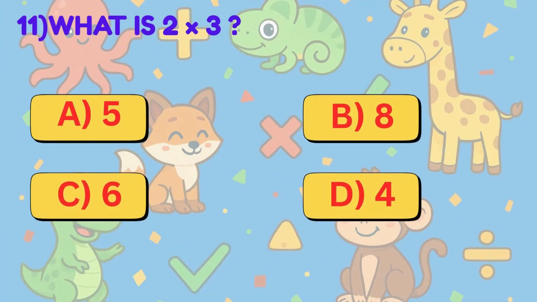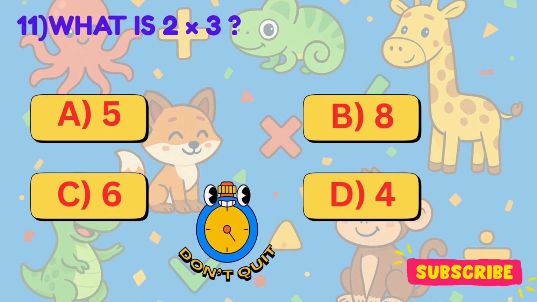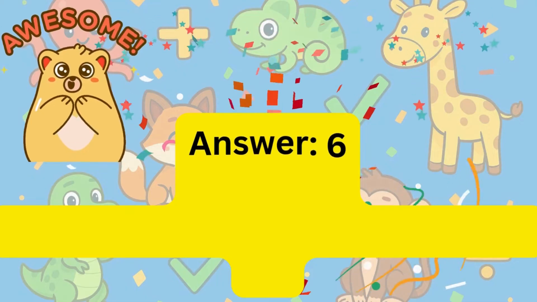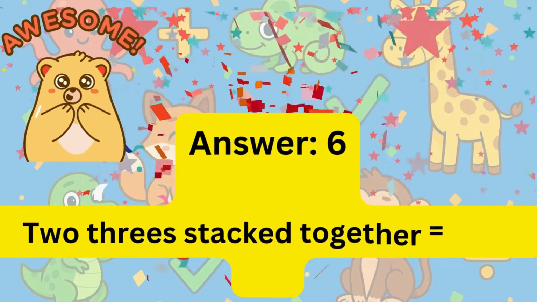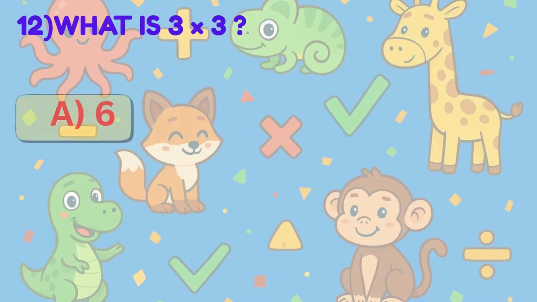11. What is 2 times 3? Is it A, 5, B, 8, C, 6, or D, 4? Correct answer is 6. 2 3s stacked together equals Super 6. 12.